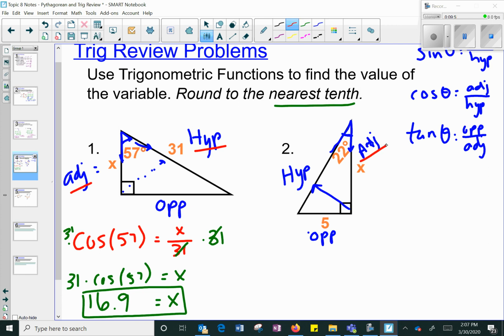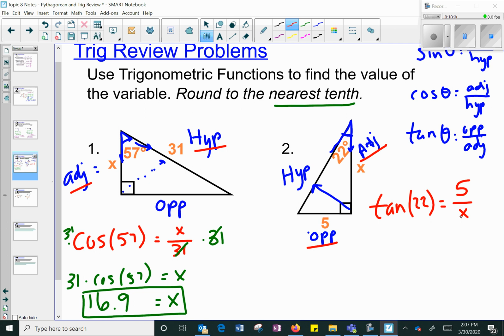So we care about the adjacent and the opposite. The function that uses opposite and adjacent, my apologies, is tangent. So we would do the tangent of 22 is equal to 5 over x, opposite over adjacent.